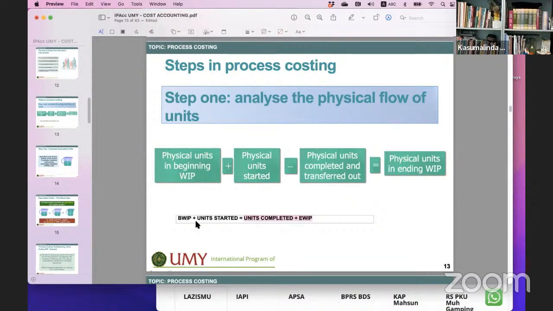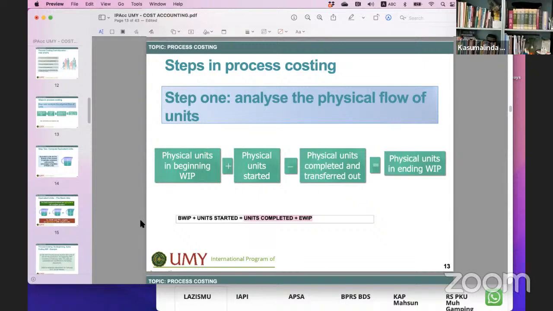So the total of the left side should equal the total of the right side, right? Because they are actually the same units, just that at the end they have changed physically, whether they become completed or still incomplete.